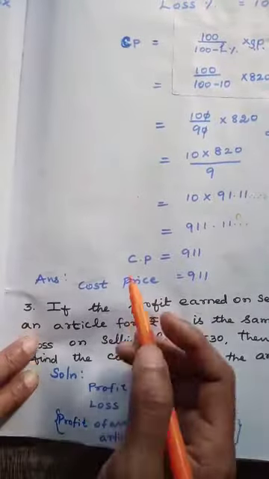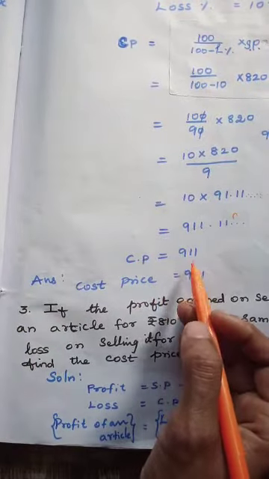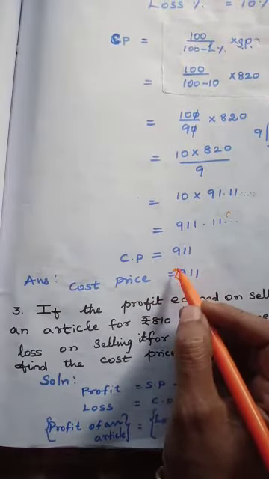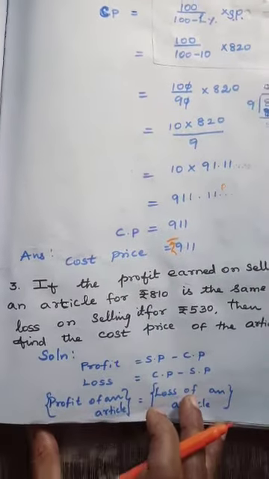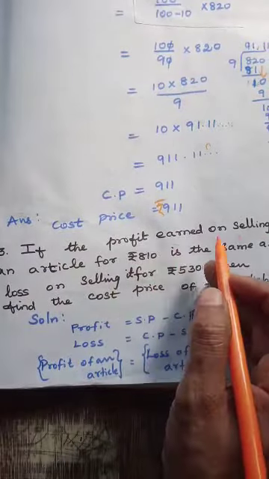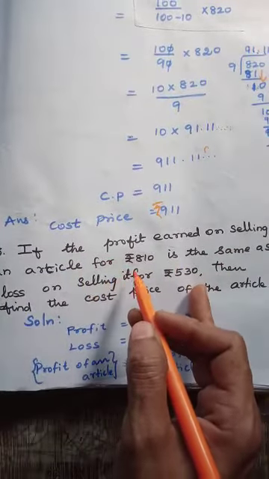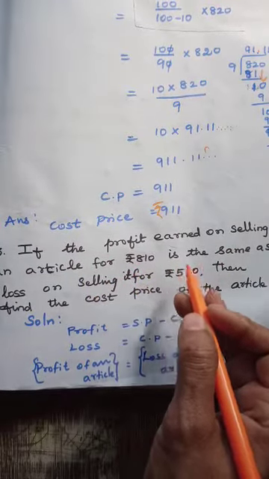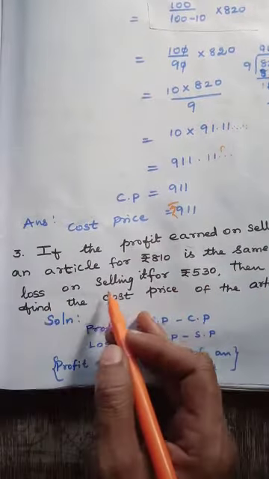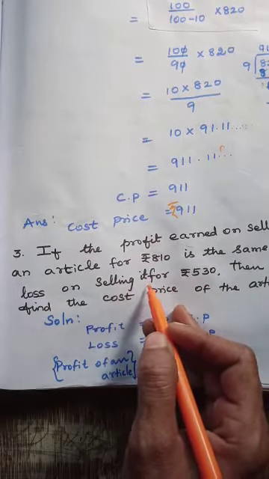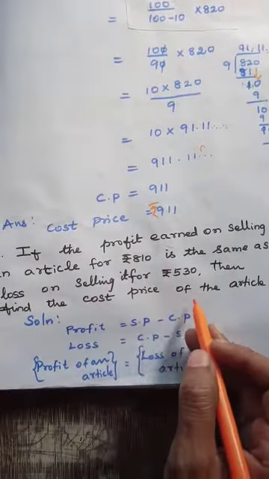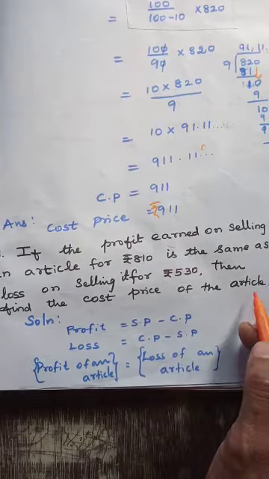So cost price is equal to rupees 911. Then third problem. If the profit earned on selling an article for rupees 810 is the same as the loss on selling it for rupees 530, then find the cost price of the article.